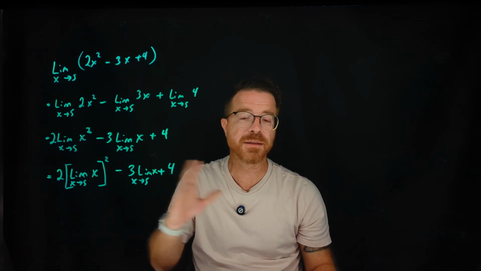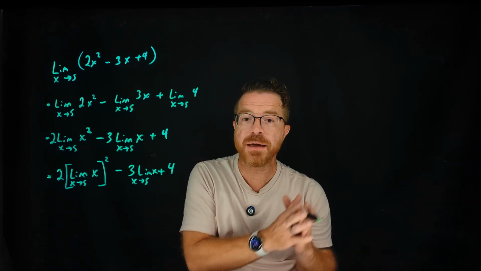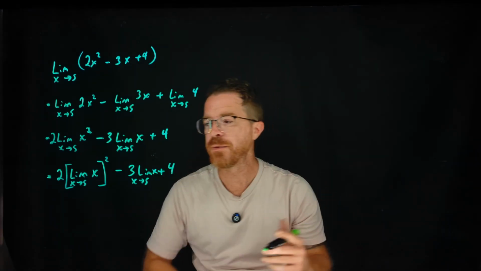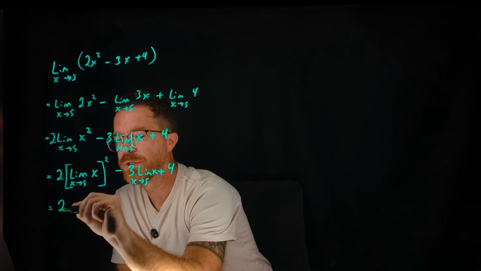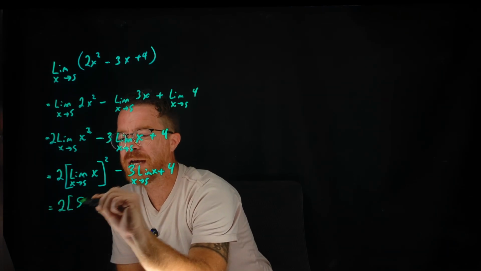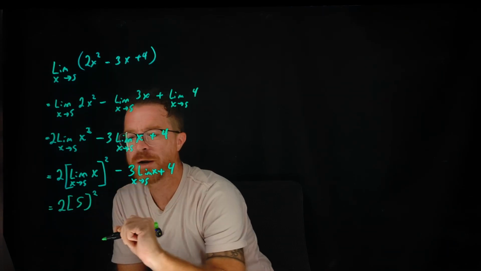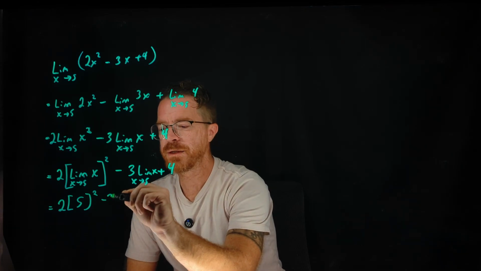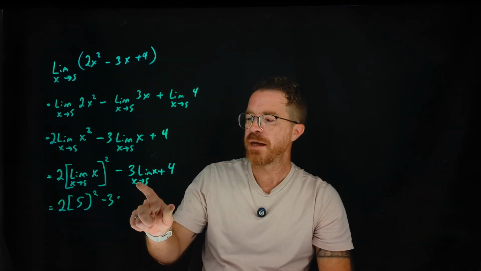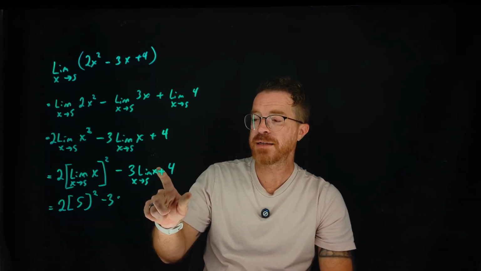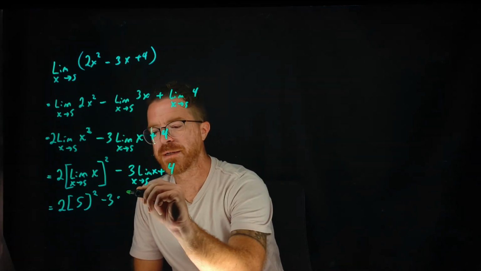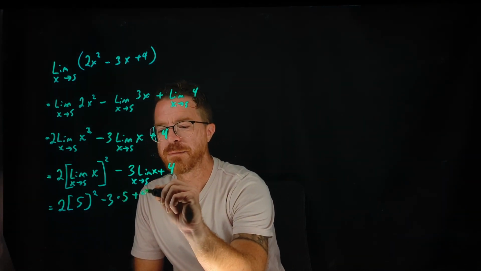Well, yes, we just said that the limit as x approaches some a, x would be equal to that value a. So this is going to be equal to 2 times 5 squared minus 3 times the limit as x approaches 5 to x is going to be 5, so this is going to be minus 3 times 5, and then plus 4.